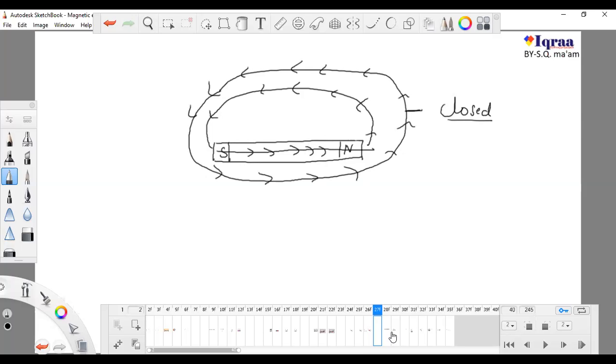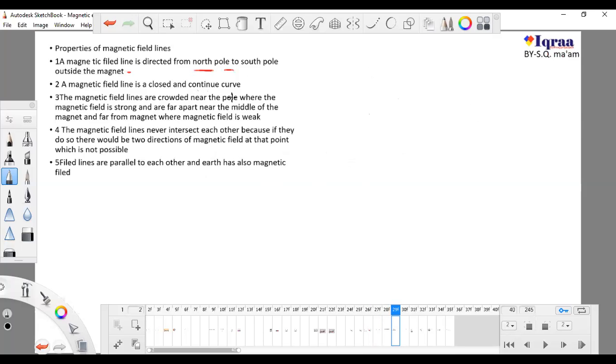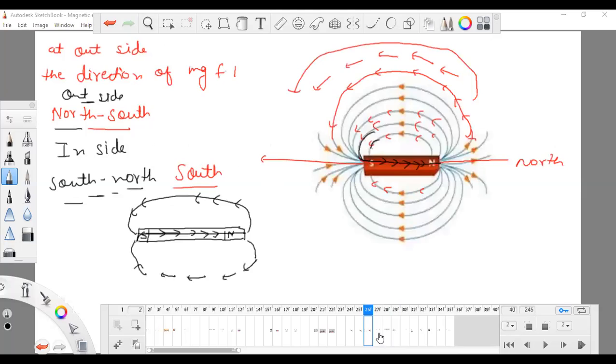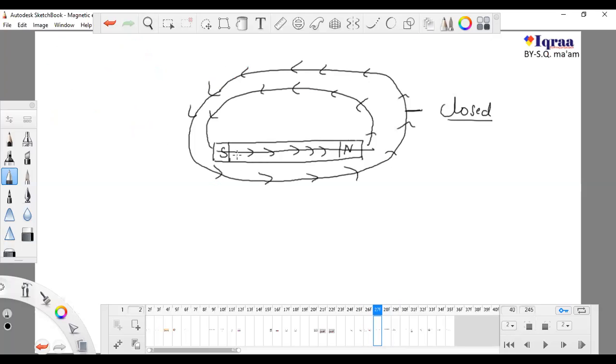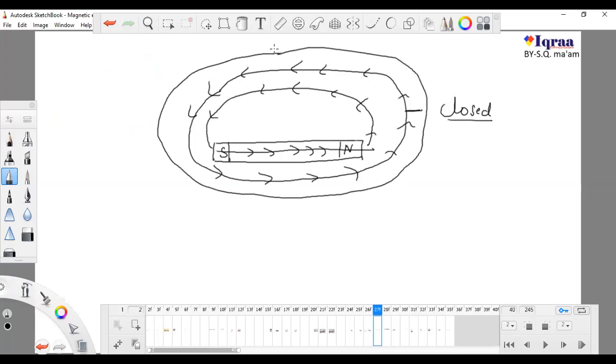It is not an open path, so it is a closed and continuous curve. Continuous means it is not something which is discontinuous. You can see how this is a continuous curve. So it is a closed and continuous curve.